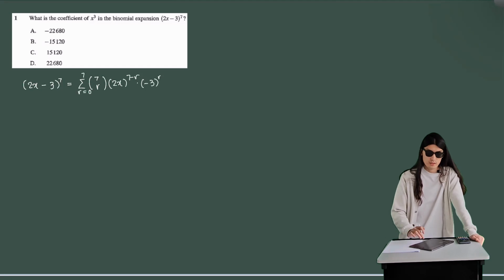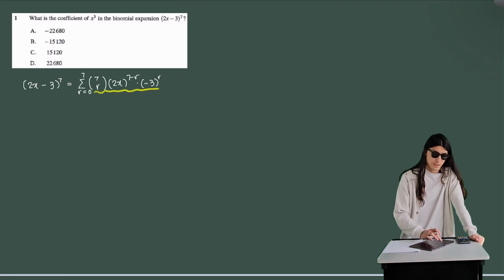Of course, we don't need the entire sum. What we need over here is just this bit that we call the general term, don't we? And in particular, we want to split out the coefficient like I've just done.